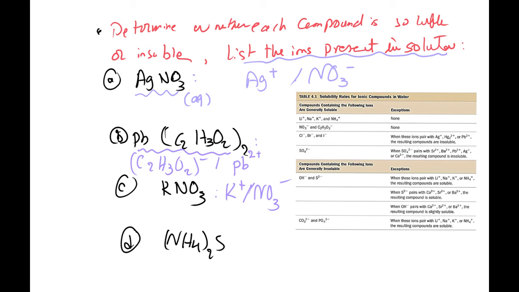Ammonium sulfide. Looking here, ammonium also is a soluble salt. So ammonium positive ion. Sulfide generally insoluble except ammonium. This means that still soluble. Ammonium sulfide.